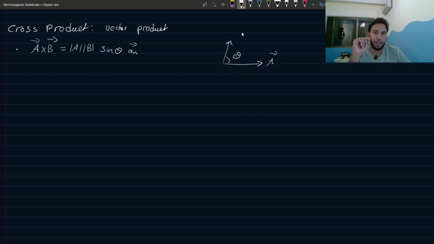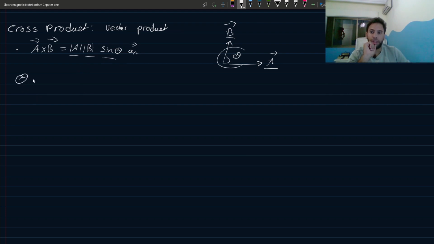This is vector A, and this is vector B. The cross product says, if you take the magnitude of vector A and the magnitude of vector B, multiply them together, multiply by the sine of this angle, and multiply by unit vector An, it will give the answer. Now, you know how to get the magnitude of these two vectors. Now, let's talk about sine theta.